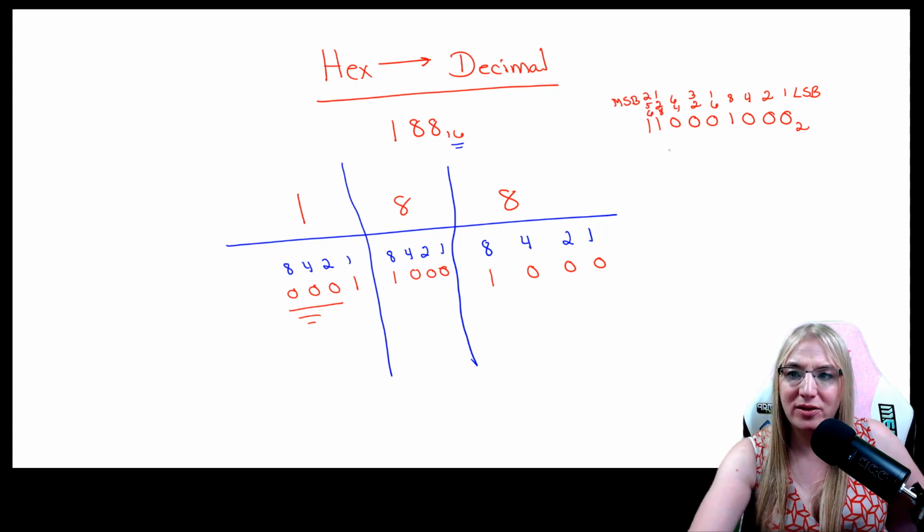All right, and then we're going to add all the positions that have a 1. So I'm going to add the 256, the 128, and the 8. And if we add all those up, we get 392.